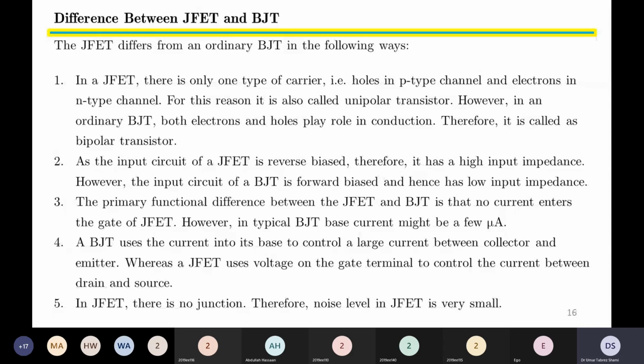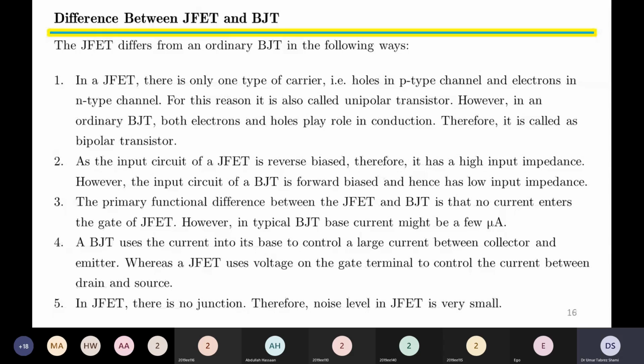As the input circuit of a JFET is reverse biased, therefore it has high input impedance. In the JFET, the PN junction develops a controllable depletion width only when it is reverse biased.